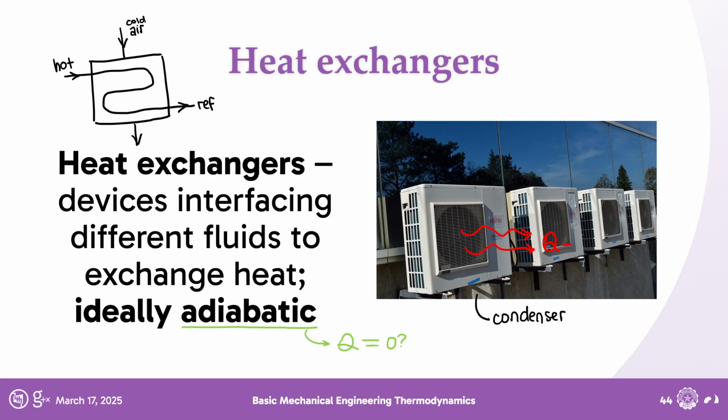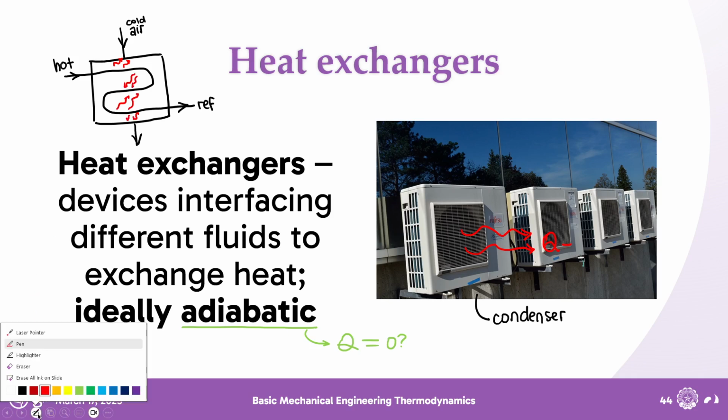Cold air is introduced to the condenser, and of course, because it receives heat, the refrigerant gives the air heat, right? What happens is that the air will leave hot.